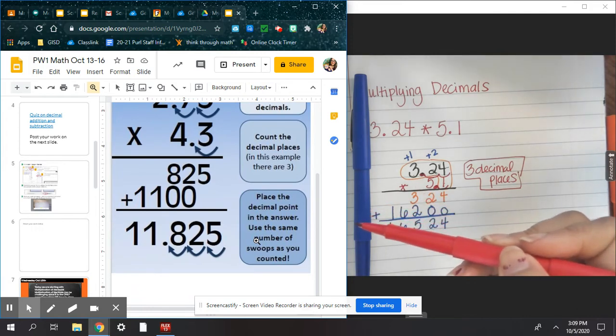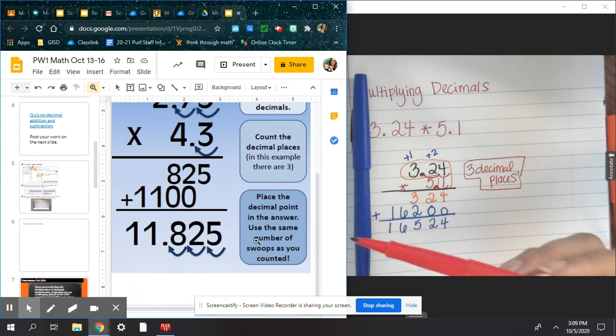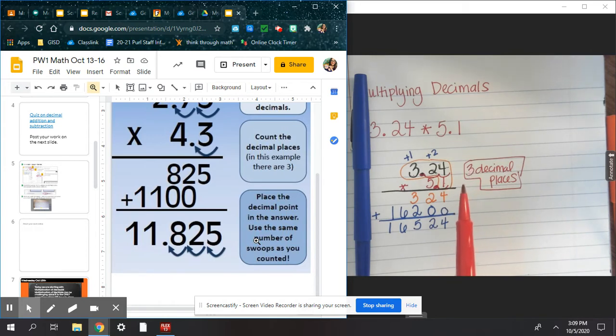So when I look at the next step right there, place the decimal point in the answer. We're going to use the same number of decimal places that we counted. So when we're doing that, we start at the far right. So right now, here's my decimal. Now, how many places am I going to move that to the left?